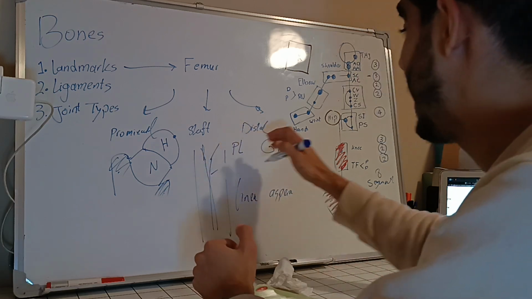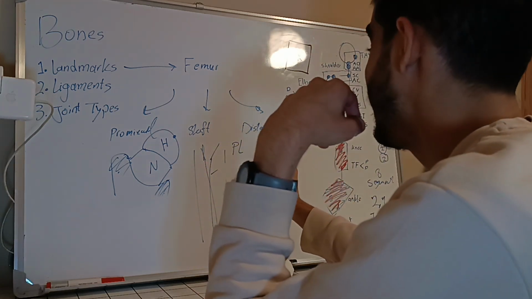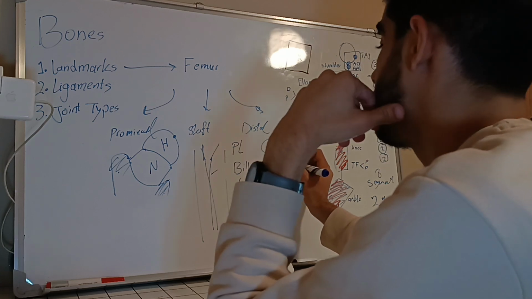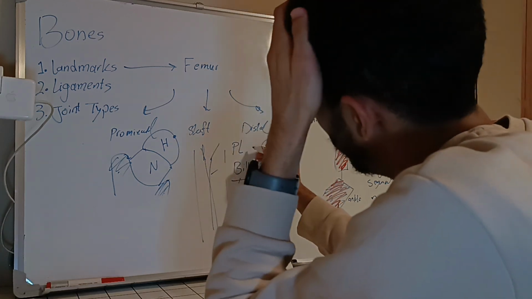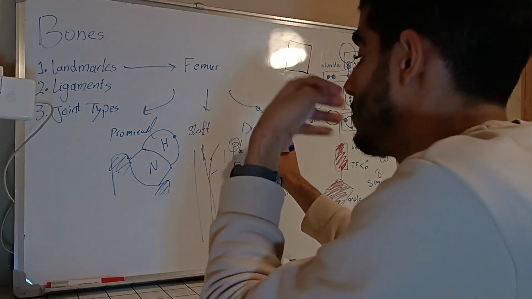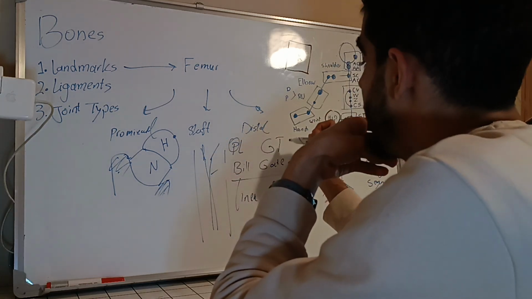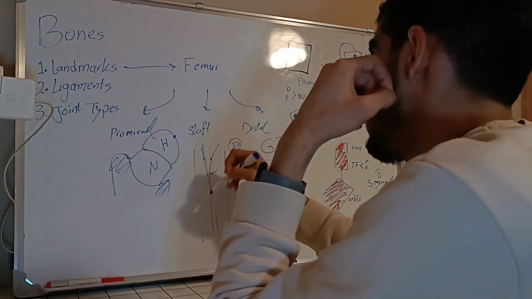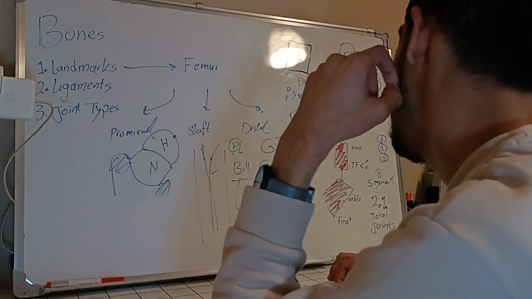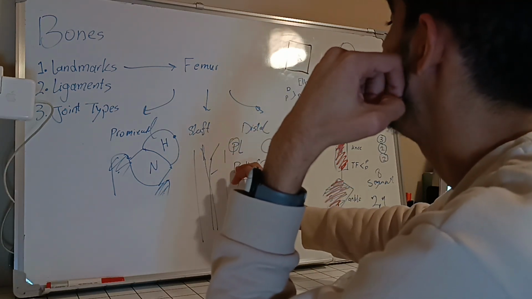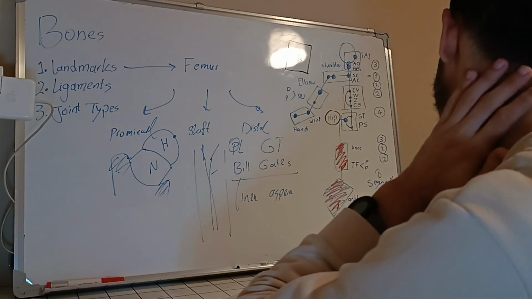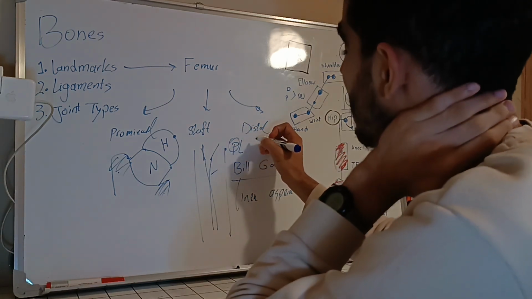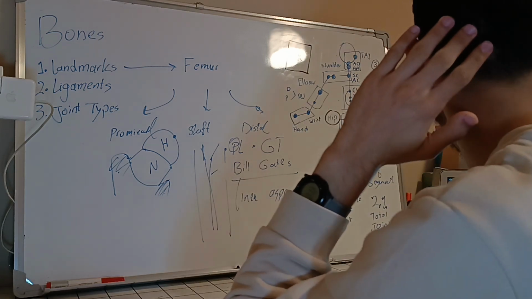Just remember Pelgets. Okay? So we're going to have Bell, which is pectineal line, and Gets for the gluteal tuberosity. Pectineal line and gluteal tuberosity.